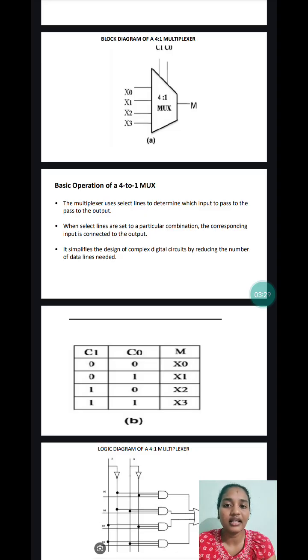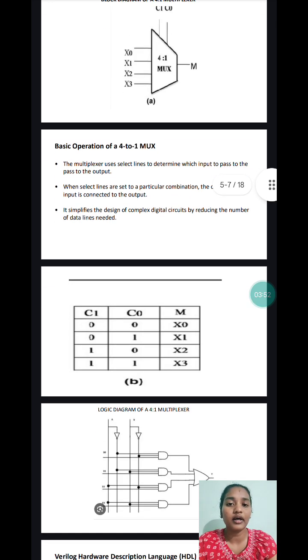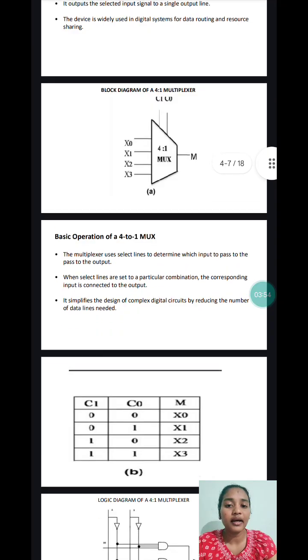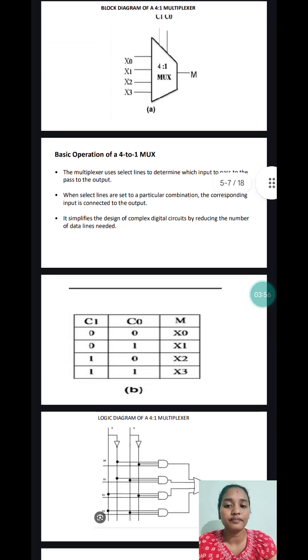If the select line selects x0 as an input, it forms the output M. If the select line selects x1, it also forms the output M. If the select line selects x2 as an input, it also forms the output M. If the select line selects x3 input, it can also form the output M. It is done individually only.